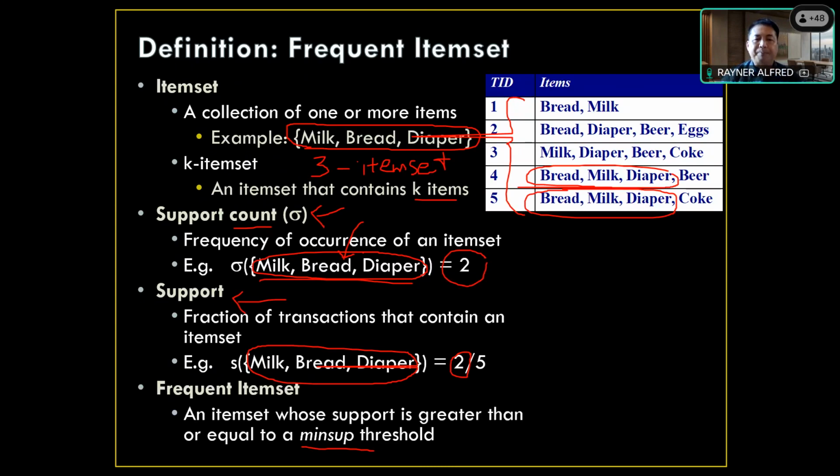But if we say, okay, my minimum support threshold is 2, so that means this K item set is frequent. So the frequent item set is highly dependent on the minimum support threshold. So this is set by us.